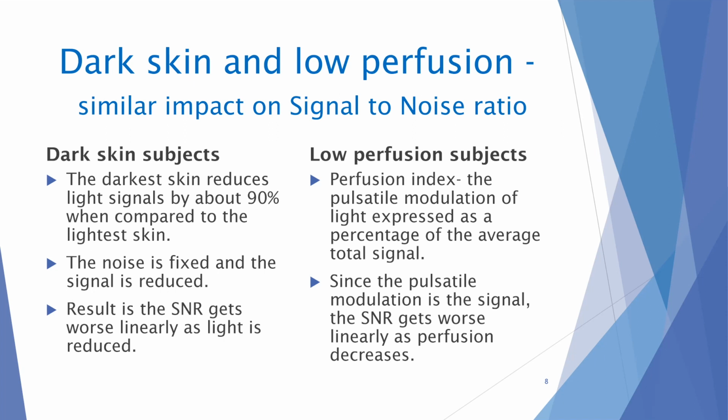So in some ways, certainly in terms of the basic signal that the pulse oximeter software gets to work on, as it comes out of that analog to digital converter, the impact is exactly the same if there's low perfusion or dark skin. If you make the perfusion half as good, and if you make the light getting through the measurement site half as much, it has exactly the same effect on what we have to work with in our pulse oximeter designs.